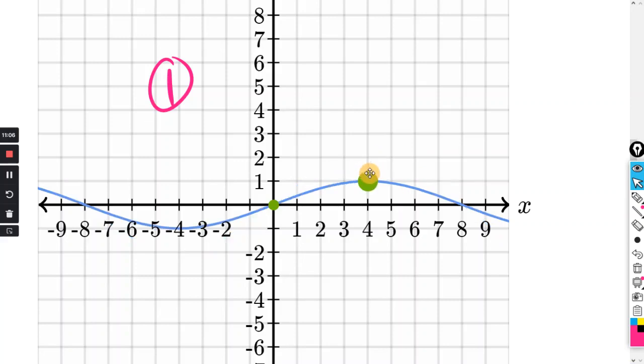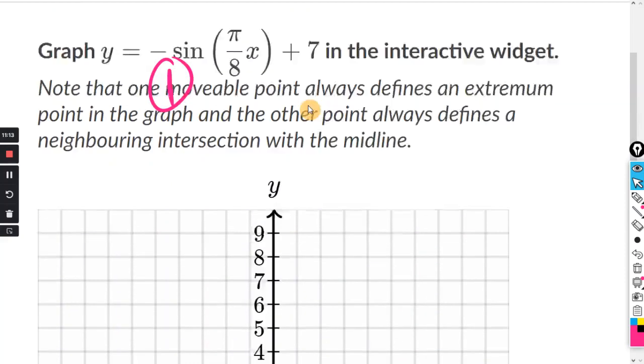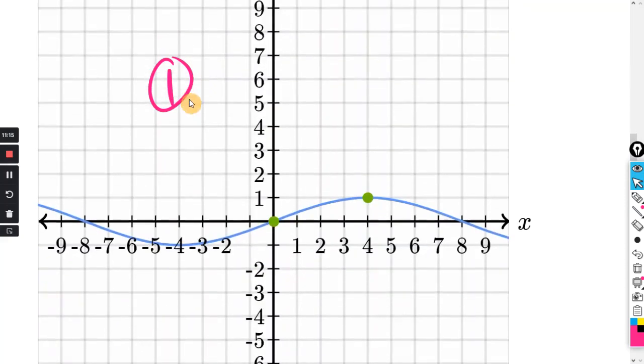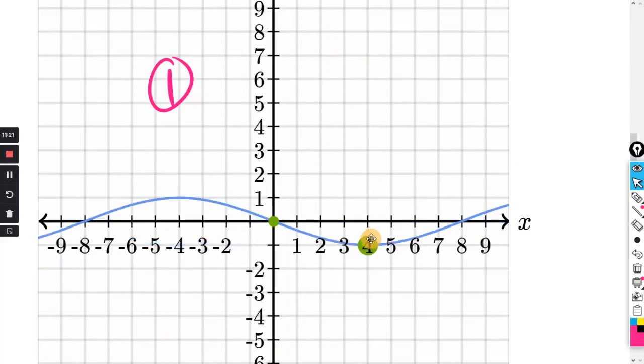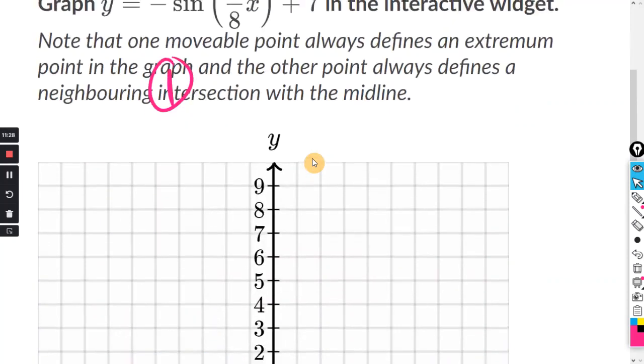This should have been at 1. We started with the basic sine function, so the maximum should have been at 1, but we're multiplying it by negative 1. So 1 times negative 1 brings it down to negative 1. That right there is what we have so far.